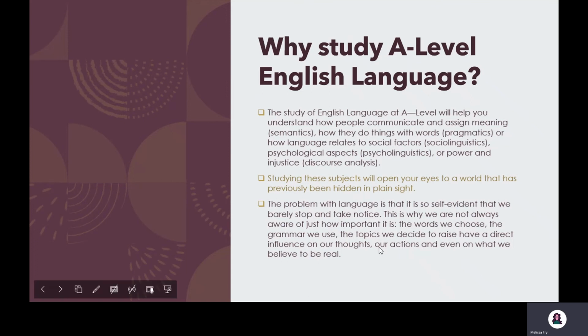But it's really important that we reflect on the fact that the words that we choose, the grammar we use, the topics that we decide to raise all have a direct influence on our thoughts and actions, and even what we believe to be real.